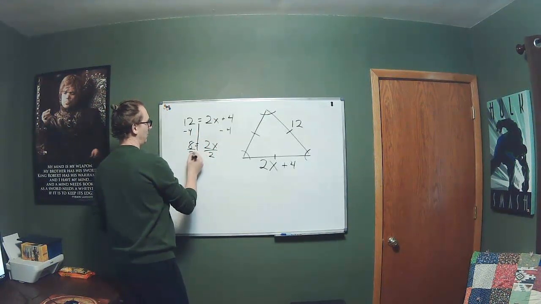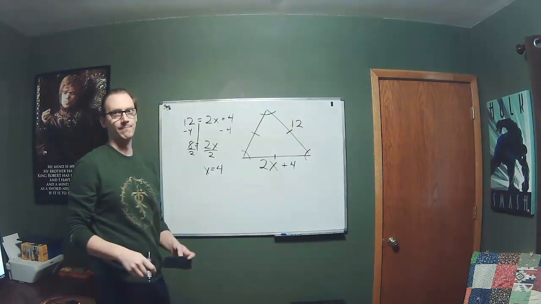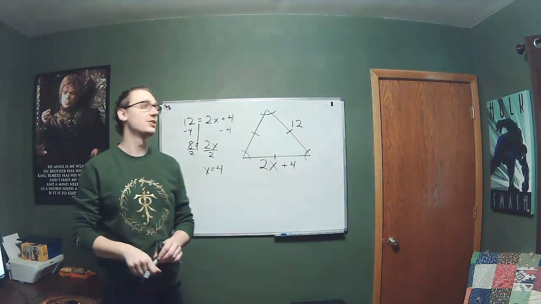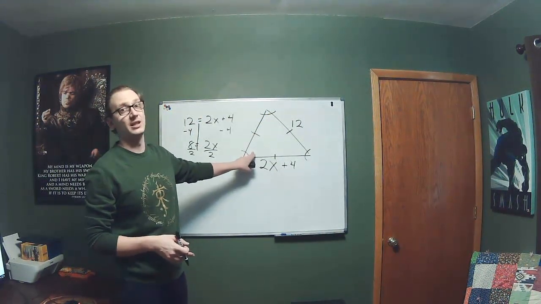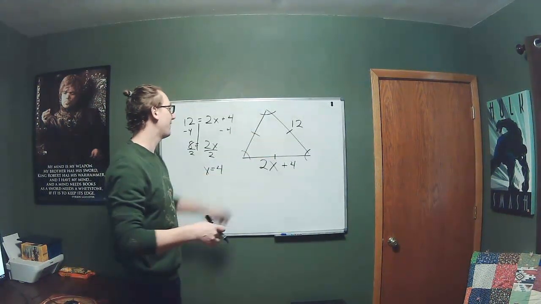Divide by 2. And now x equals 4. Okay? So with an equilateral or equiangular triangle, all the sides are the same. Incidentally, at this point, we should also know what this angle measurement is. 60. Because it's equiangular, they all have to be the same.